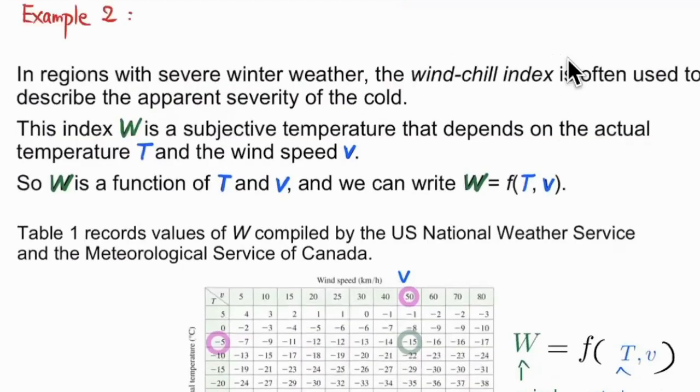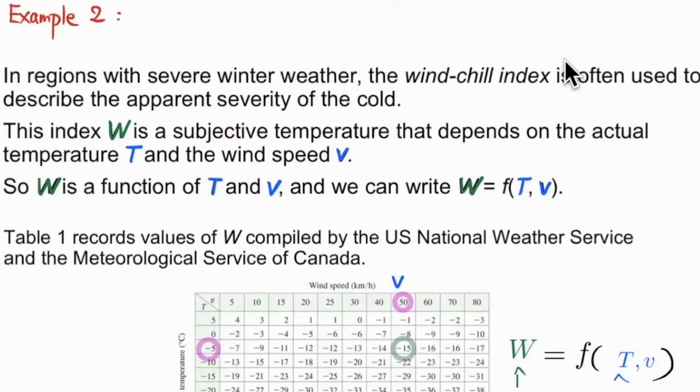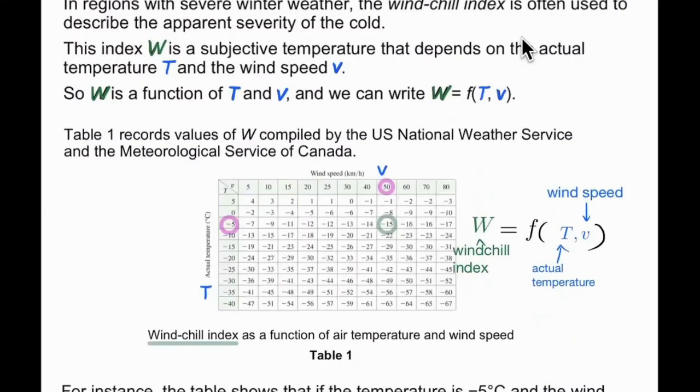Now, here's one more example of a function of two variables in real life. In parts of the world where the weather in the winter is very cold, we use something called the wind chill index to describe how cold you actually feel.